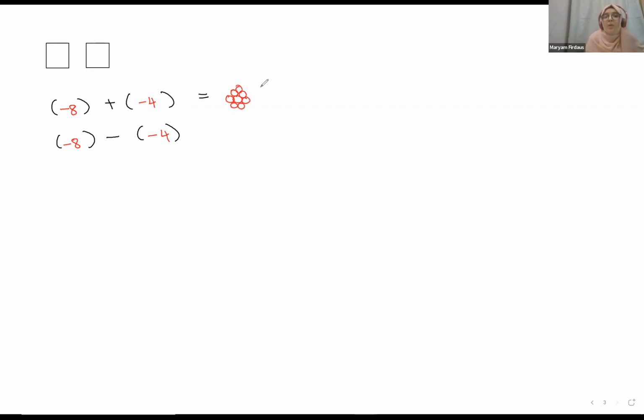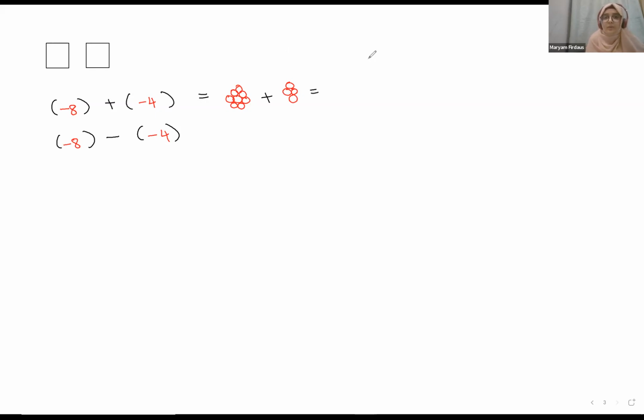What are we adding to it? We are adding -4. So that means we are adding more negative stuff to it, right? That's 1, 2, 3, 4. Now can you count how many of this negative stuff we have now? 12.